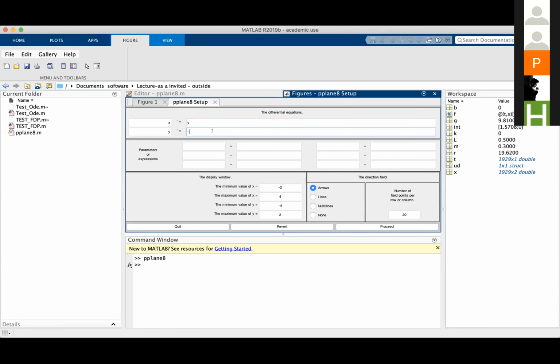So here actually, I'll change the minus. Let me see what I've written here.